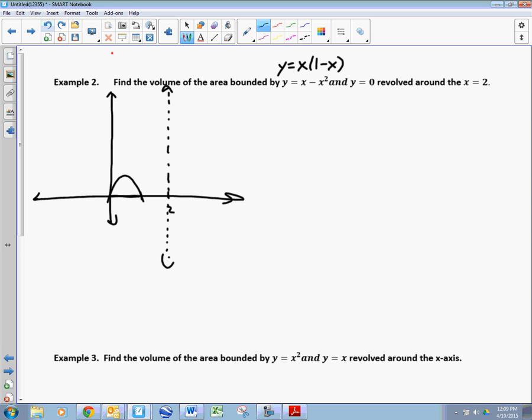That's my axis of rotation. Okay. So, when I revolve it around, this point that's at 0, when you revolve it around 2, it will end up over at 4, and 1 will end up at 3. So we have that shape.